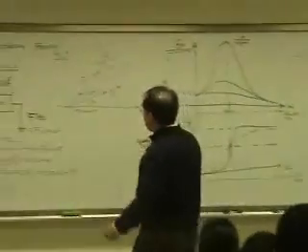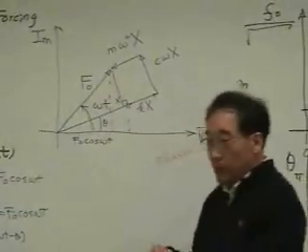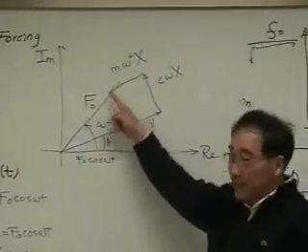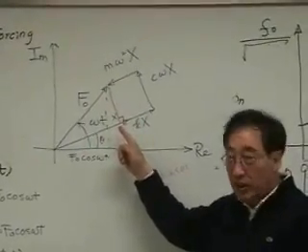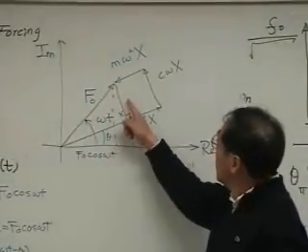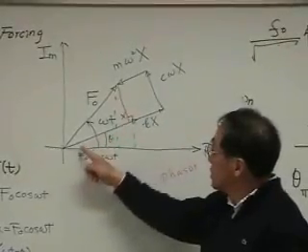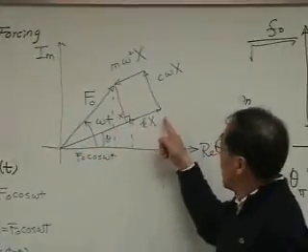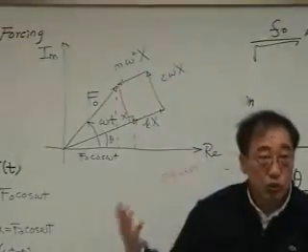Now let's see. Beautiful geometrical relation. And this is a triangle that has 90 degrees over here. So I can say F0 square has to be equal to C square omega square x square plus, what is this? This length is kx minus m omega square x, the square.